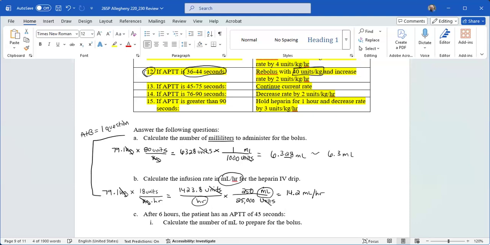40 units, and then to increase our infusion rate by 2. And this is where I had initially written on the side: our initial infusion rate was 18. And then we're asking you to increase it by 2.